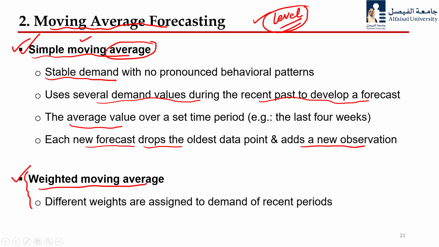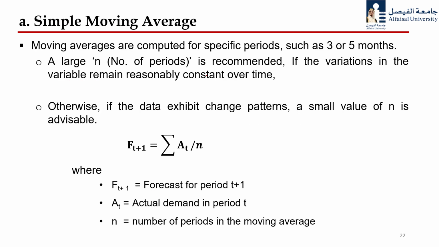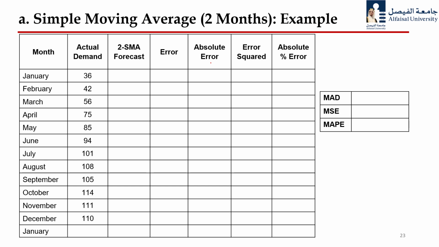Let's say we have this data set. Let me apply the 2 months moving average. I'm using the same data set which we used in the naive method. Then I will talk about whether we should use 2, 3, 4, or 5 months, and how we decide this number.